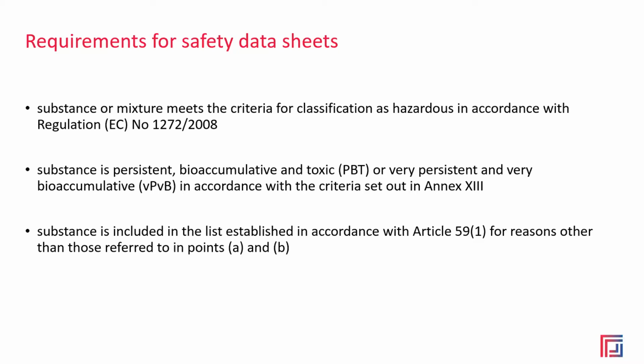When your substance is persistent, bioaccumulative, and toxic, or very persistent, very bioaccumulative, in accordance with the criteria set out in Annex 13, and when the substance is included in the list established in accordance with Article 59.1 for reasons other than those I have mentioned in points A and B.